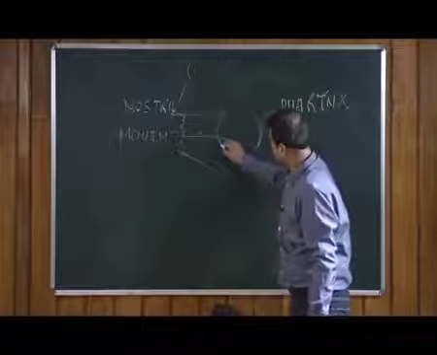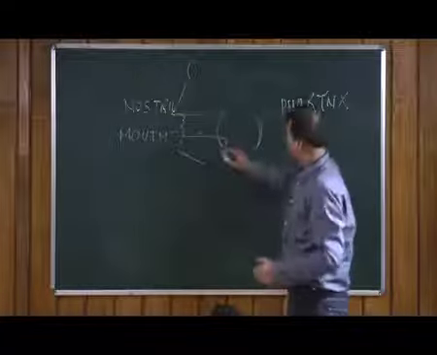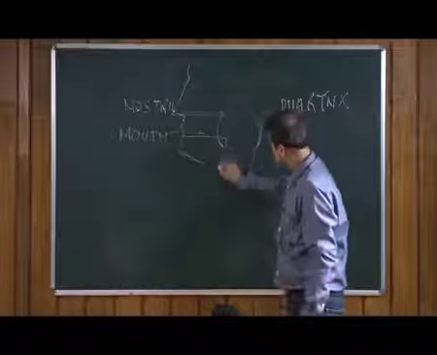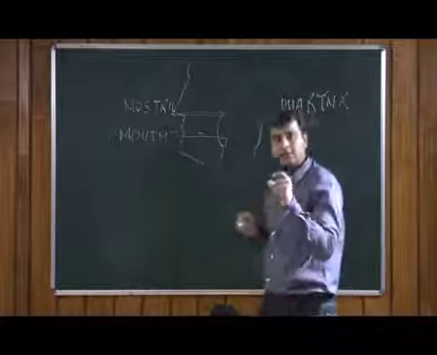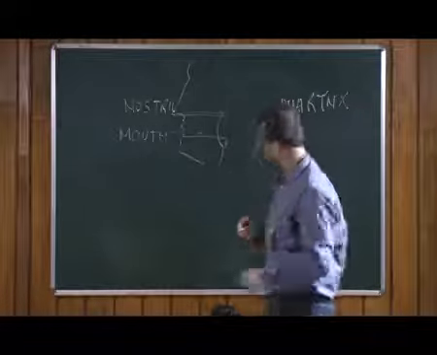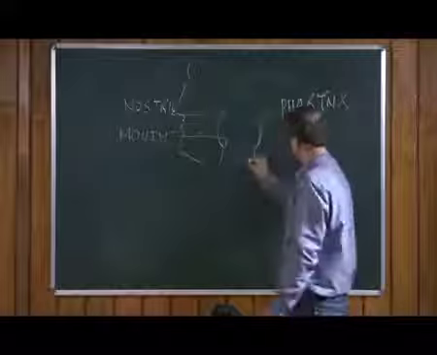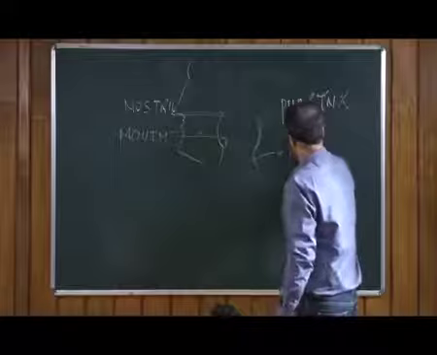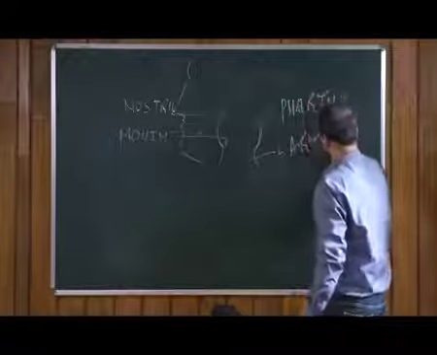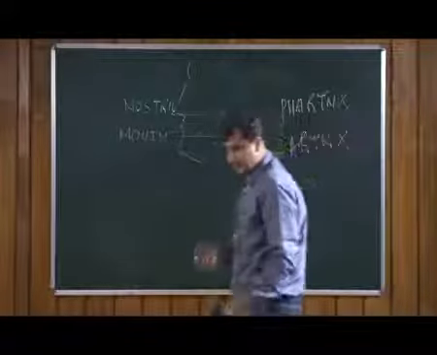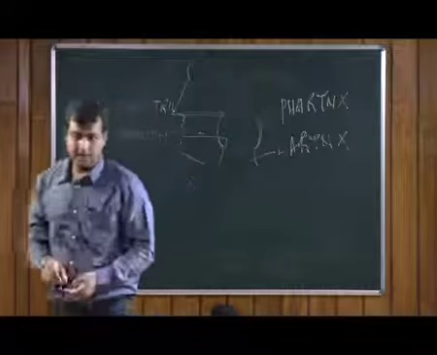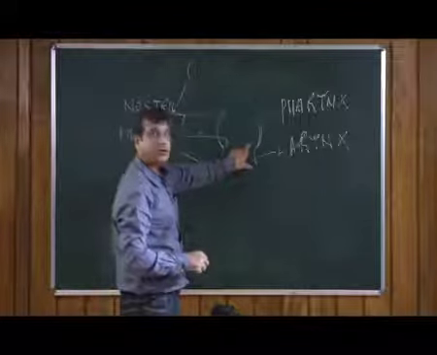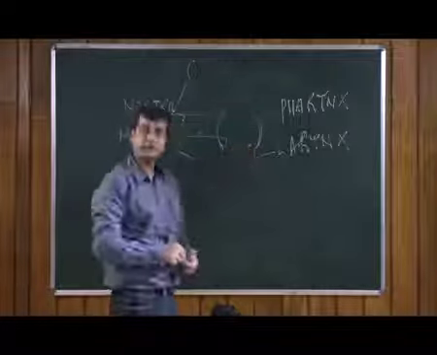This passage ultimately narrows down to another unique structure, which is the first entrance to the respiratory passage, and this is called the larynx. The larynx is a very important organ in the respiratory system, the first organ in the respiratory passage.